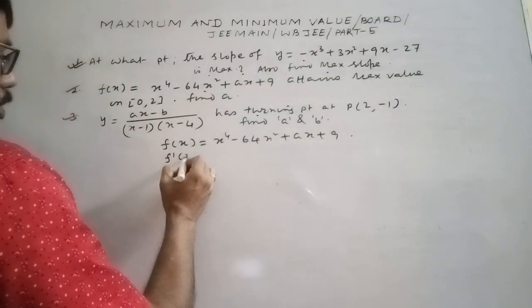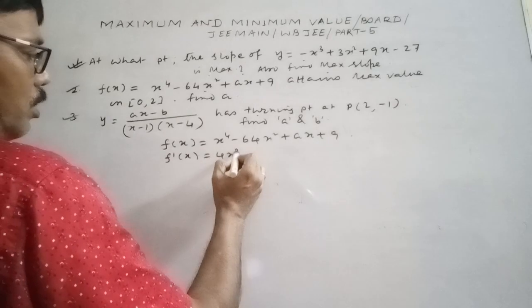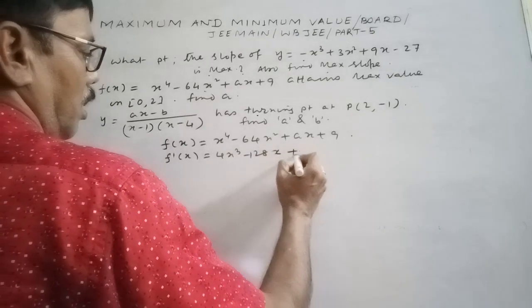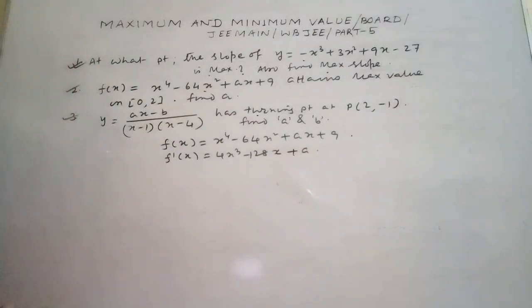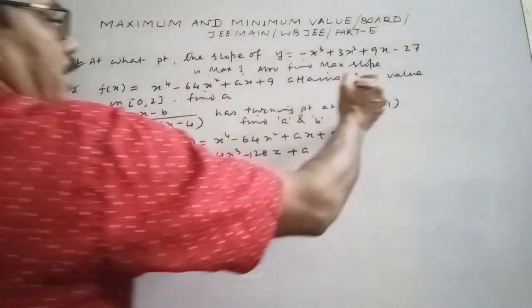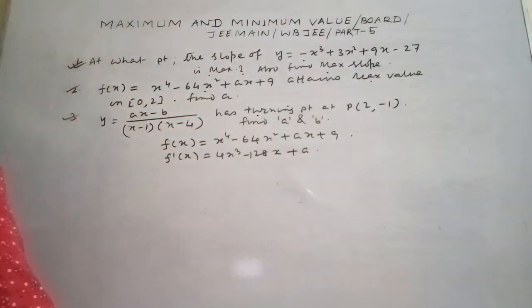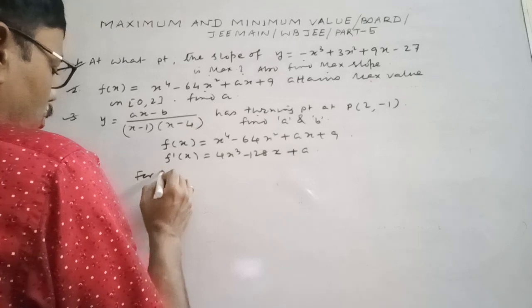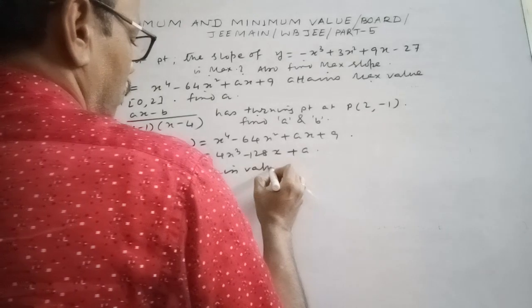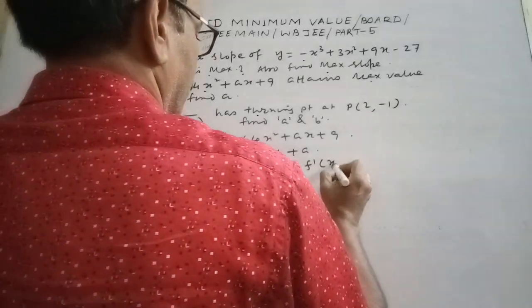So f dash x is 4x cube minus 128x plus a. So f of x attains maximum value at 0, find a. So for maximum or minimum value, you know f dash x equals 0.